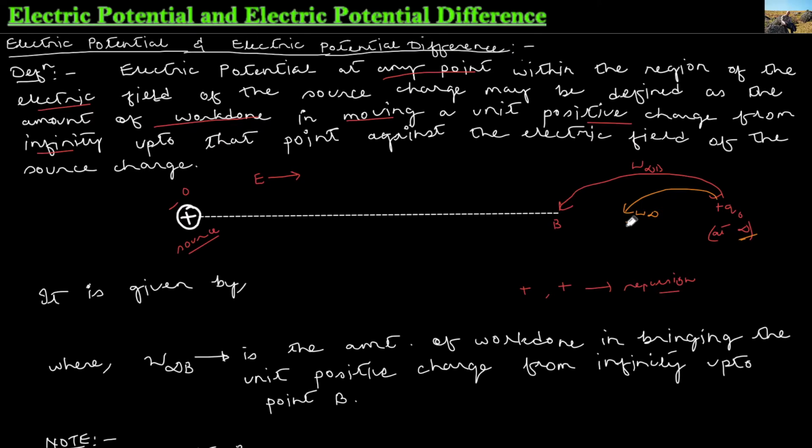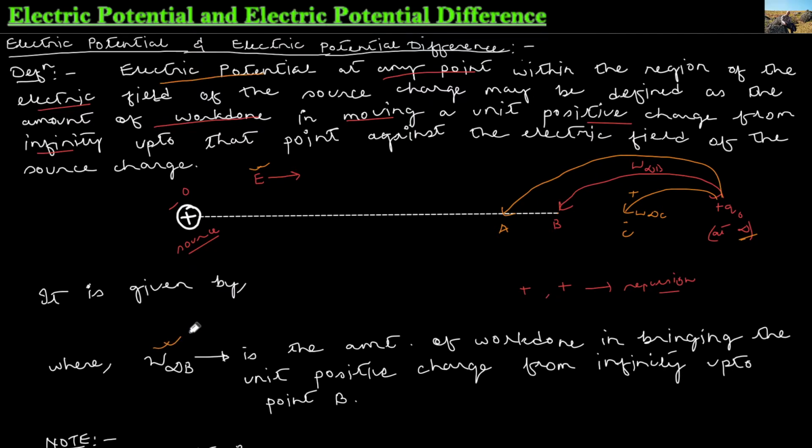That small point over there is point C. As you keep bringing this charge nearer to the source charge, the electric field, or the electrostatic force of repulsion, becomes greater. So this is the amount of work done when you bring the test charge from an infinite position up to the point where the electric field is experienced, and that is what is defined as our electric potential.